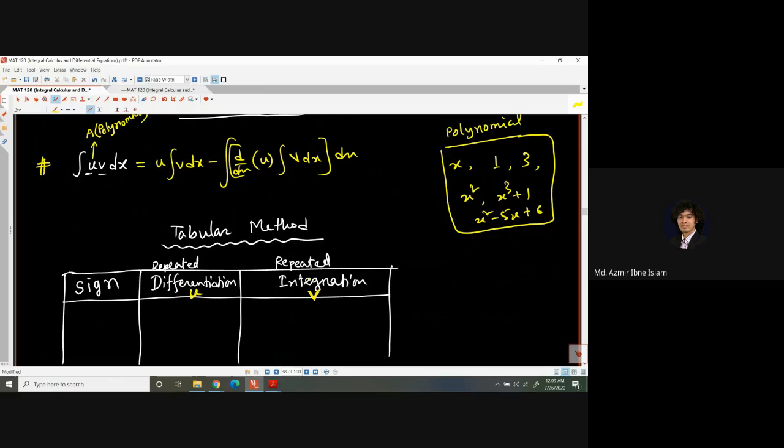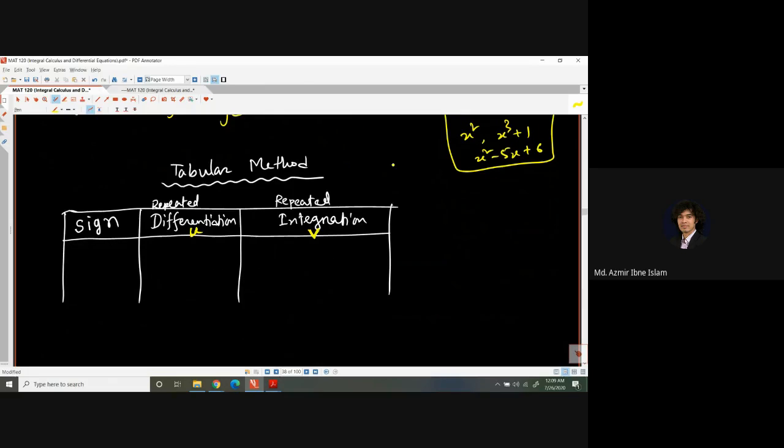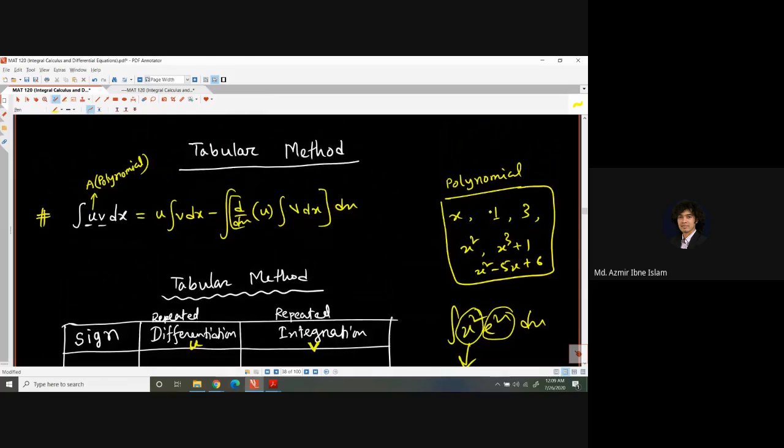Suppose we have the integral of x squared e to the power x. Here x squared is a polynomial function and e to the power x is an exponential function. Since we have a polynomial function, we can solve this by the integration by parts technique, or we can also solve it by the tabular method.